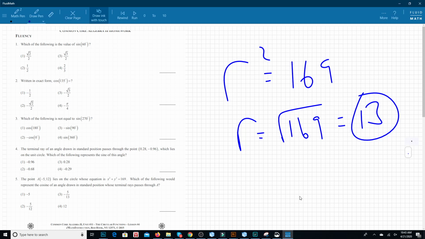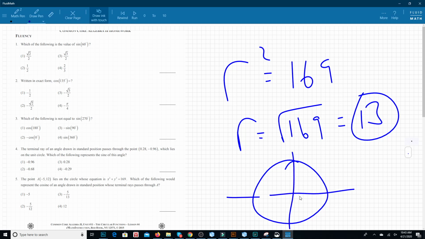Which of the following would represent the cosine of an angle drawn in standard position whose ray passes through this? Okay, so I'm looking over this. This thing may cross out for me, so I'm just going to do it this way. So it's negative 5, which is the x, right? 1, 2, 3, 4, 5.